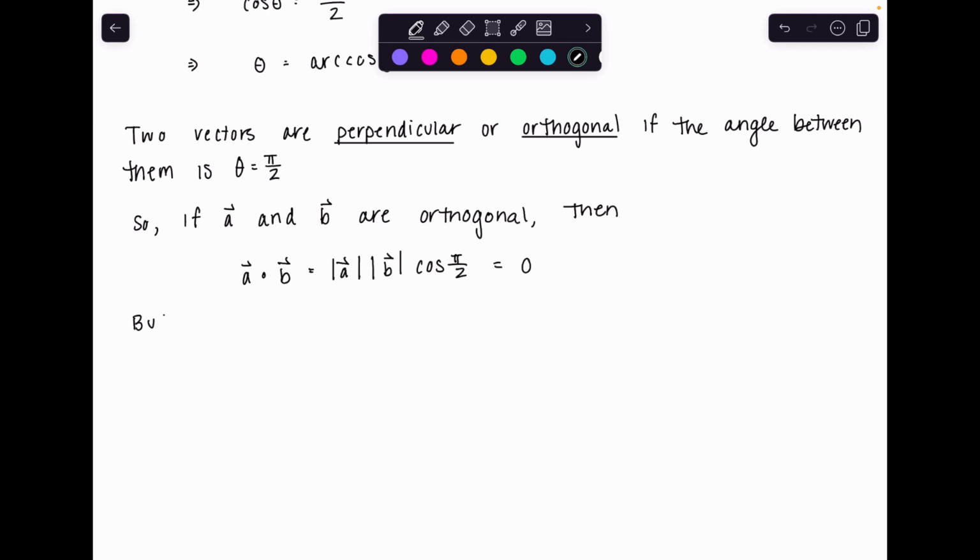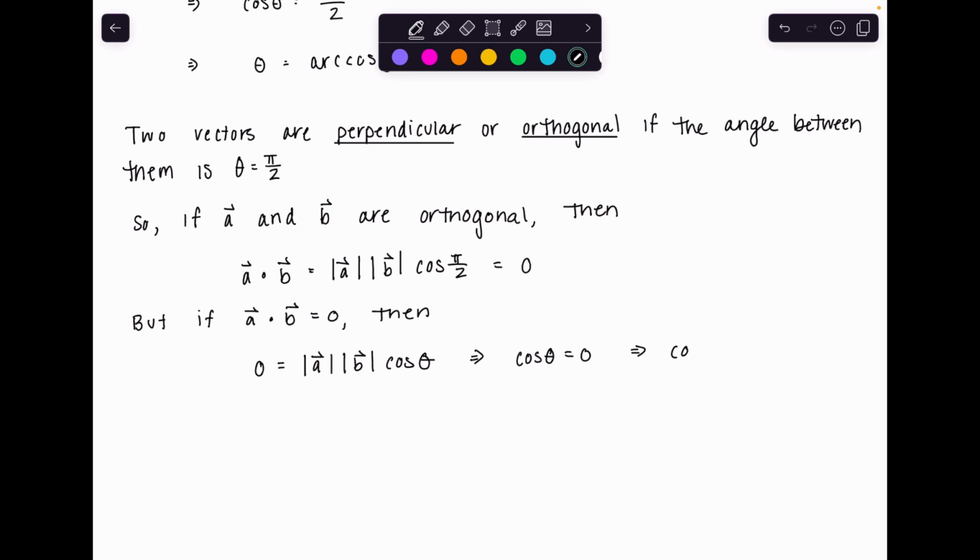So on the other end, if we know the dot product is equal to 0, then using our formula, 0 is the length of A, length of B, cosine of theta. The length is positive, so this tells us cosine of theta has to equal 0.